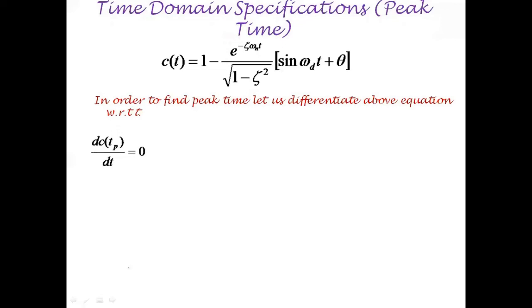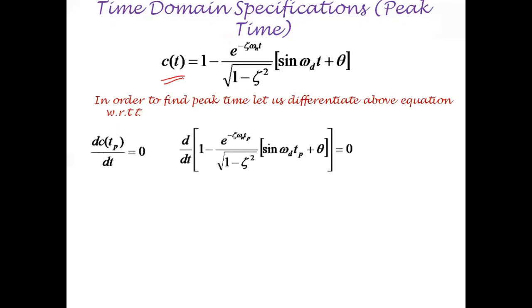So we are going to differentiate C of t at t equal to Tp. The differentiation of 1 will be equal to 0, and we can apply the product rule. We have u as e to the power of minus zeta omega n tp and v as sine of omega d tp plus theta. So we apply the product rule, u dv plus v du.